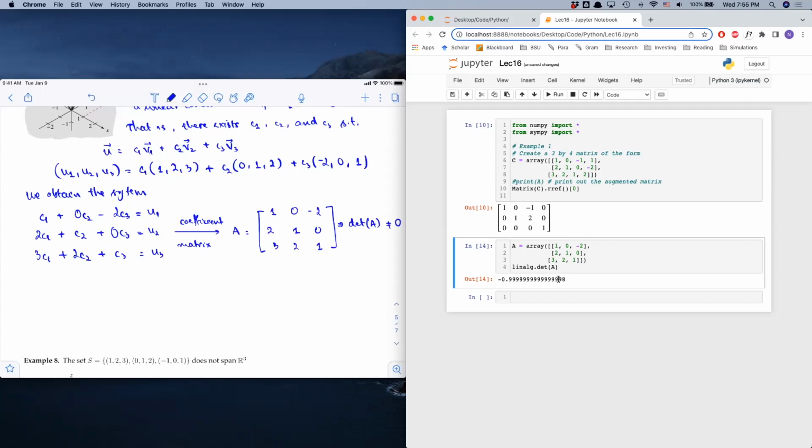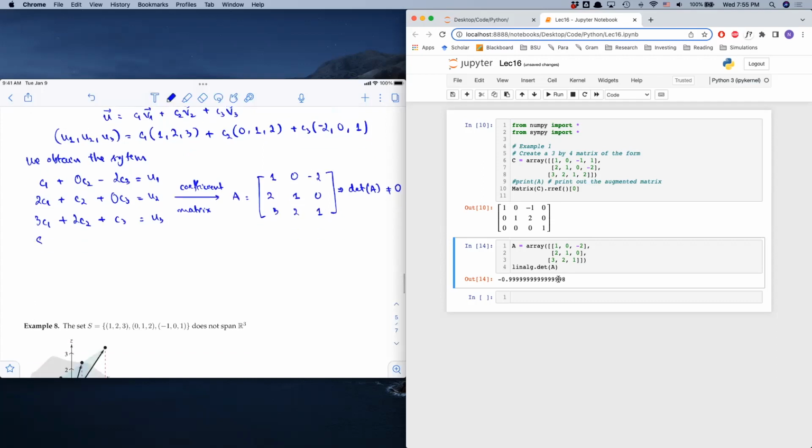So therefore you conclude that, since the determinant of A is different from 0, the solutions of the system exist, or C1, C2, C3 exist.